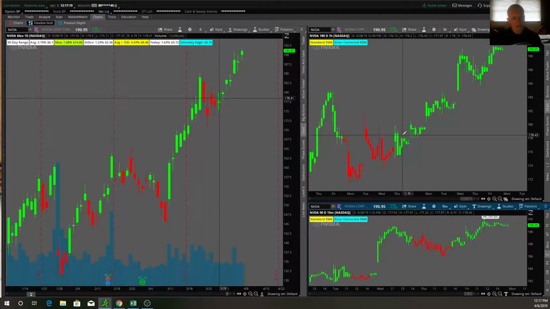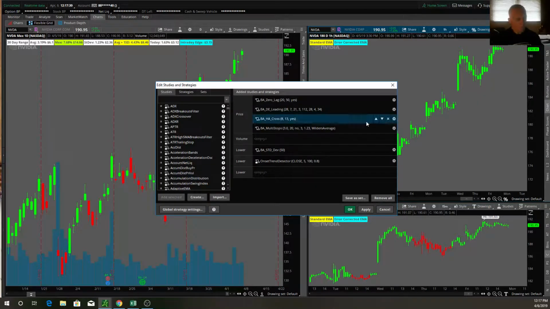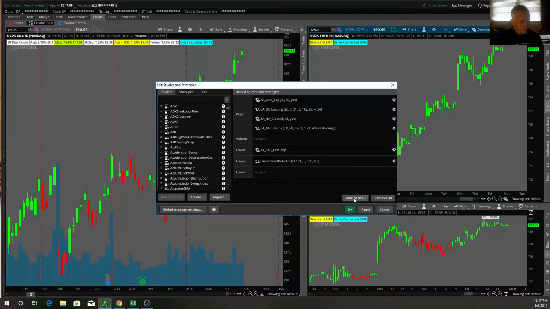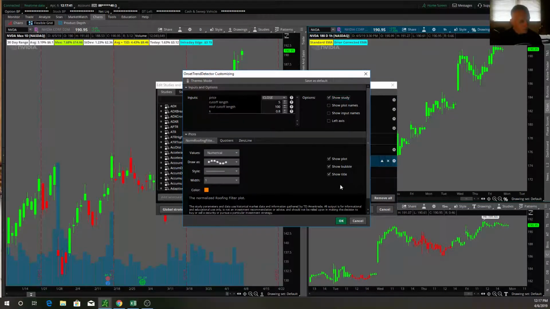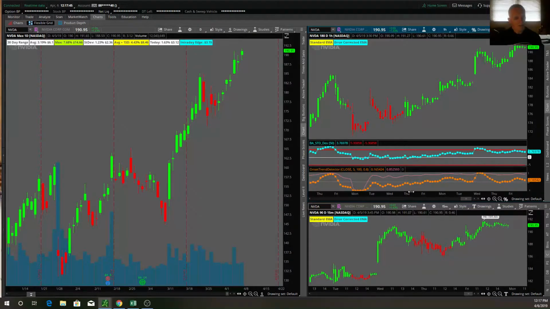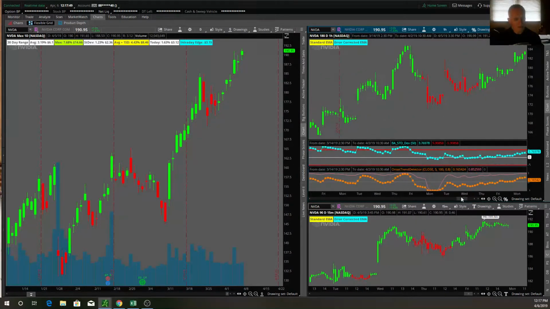All right, so let's add some other qualifiers to this, just to show you what I think the highest probability entry technique is. So I'm going to add these two tools right here, which are very, very nifty bottom picking tools.